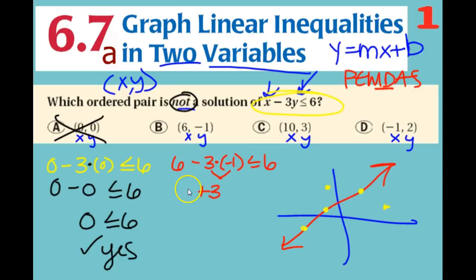This is a negative times a negative. Then we have 6, and 6 plus 3 is 9. So we have 9 is less than or equal to 6. Well, that's not true. 9 is not less than or equal to 6. So this is our answer. This one would not be a solution. If you wanted to test the others, you could as well.